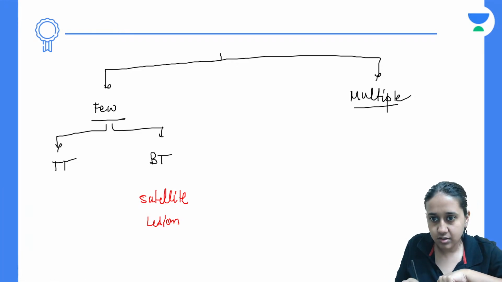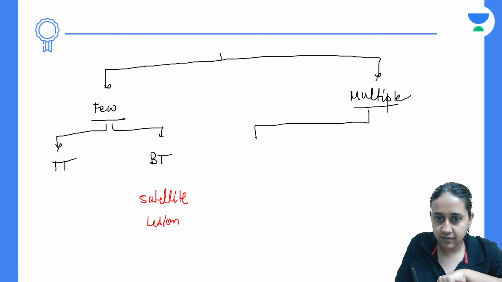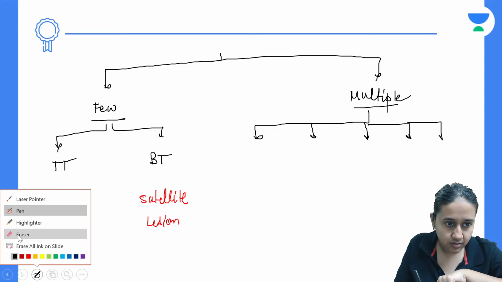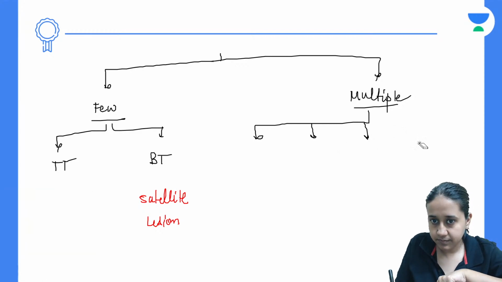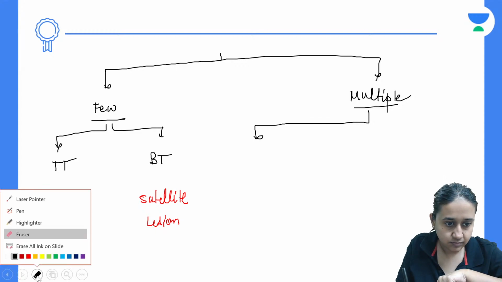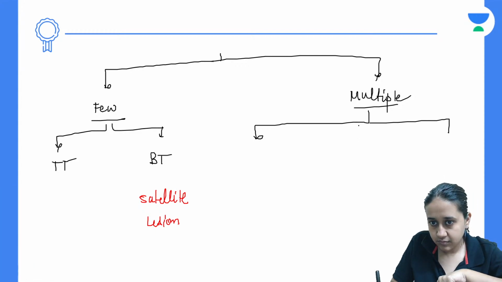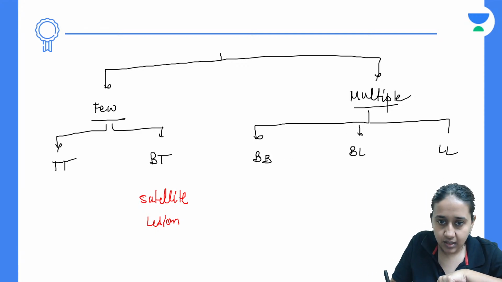For multiple lesions, we have three types: BB, BL and LL. In BB, you have asymmetrical lesions.